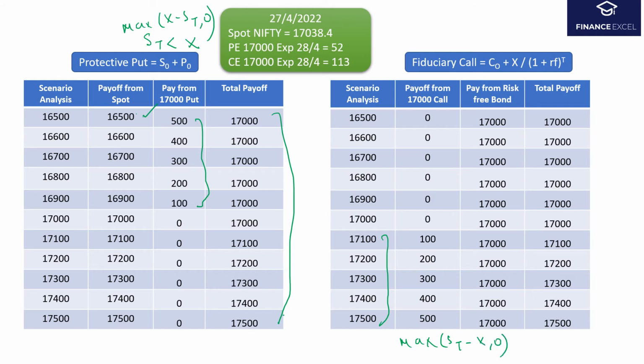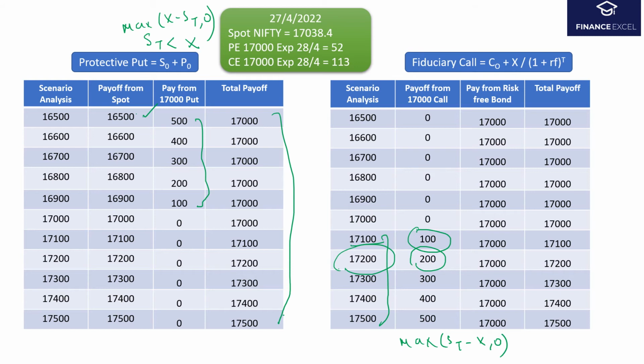So if Nifty spot ends at 17,100, then the payoff from the 17,000 call would be 100 rupees. If Nifty spot ends at 17,200, then the payoff from the call with an exercise price of 17,000 would be 200, so on and so forth.